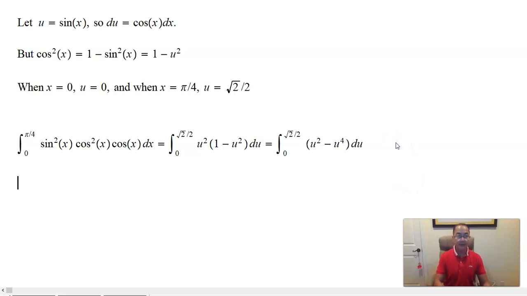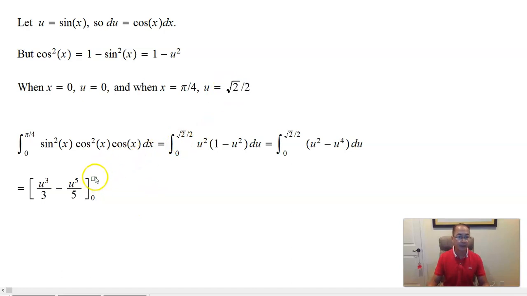So now that is integrable. We will get by the power rule, so I need a fraction. u squared becomes u cubed over 3. And u to the 4th becomes u to the 5 over 5. And we're evaluating from 0 to radical 2 over 2.